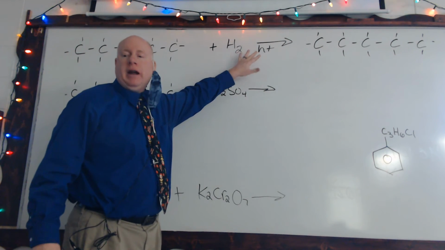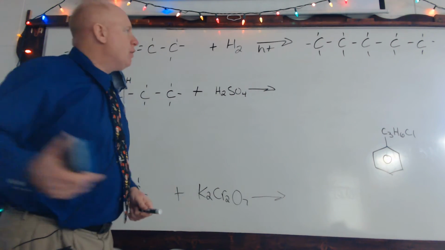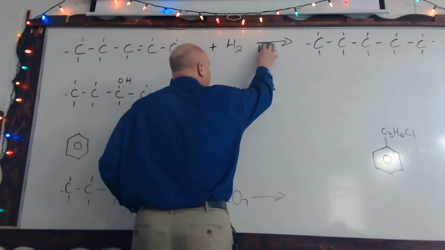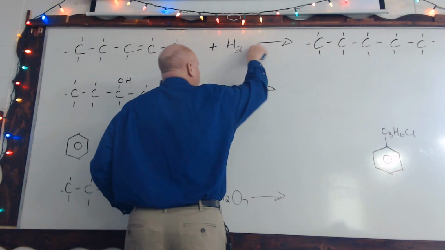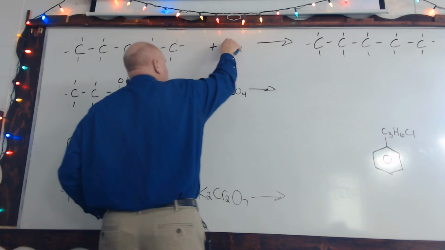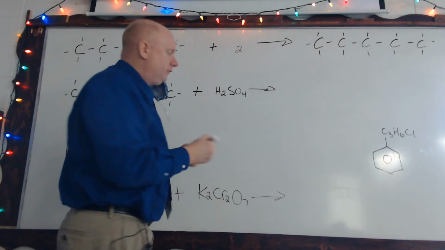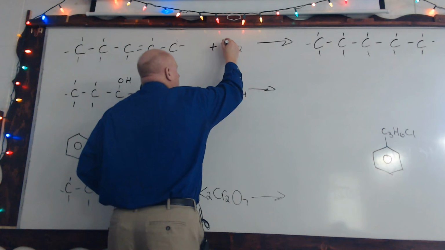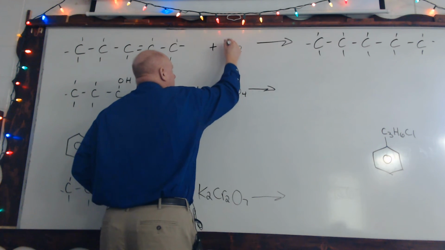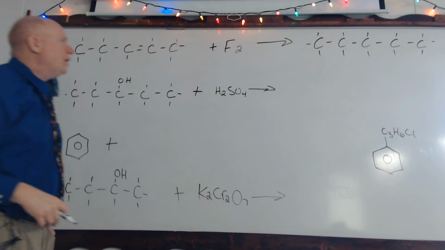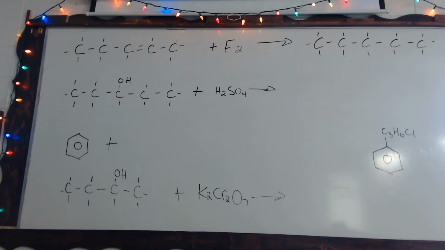Okay? Now, if we were to take this off, and like I said, if we had a halogen here, would that need a catalyst, do you think? Because what's an exception to the rule?